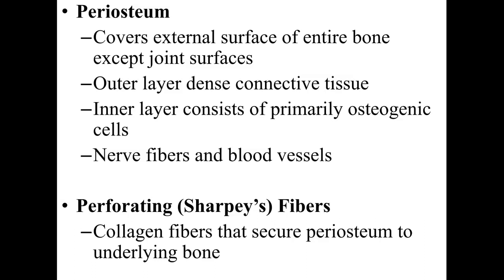Within this layer, it's going to have what's referred to as perforating fibers or Sharpey's fibers. And these are going to be collagen fibers that are going to secure that periosteum to the underlying bone. So it gives it strength, and it helps attach it to that bone, almost like it's wrapping it around, or it's gluing it onto the actual bone.